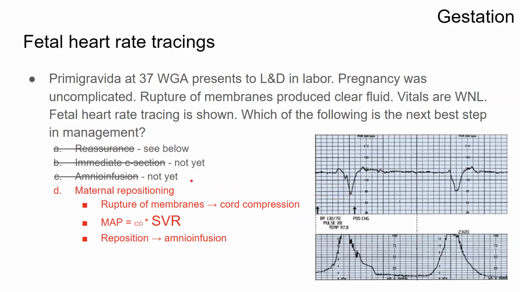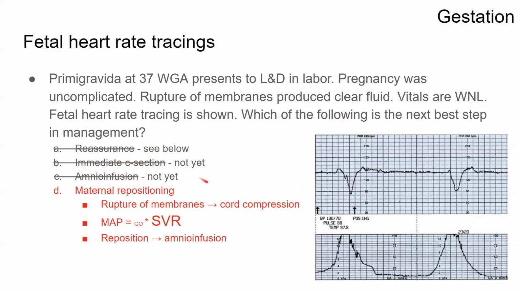If it's really bad, you've tried repositioning, you've tried amnio infusion, and you still see a bunch of variable decelerations, and it's looking like the baby is not tolerating labor, then you would want to consider doing a C-section.